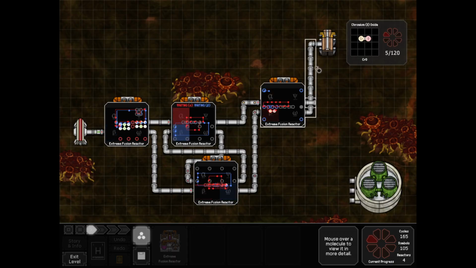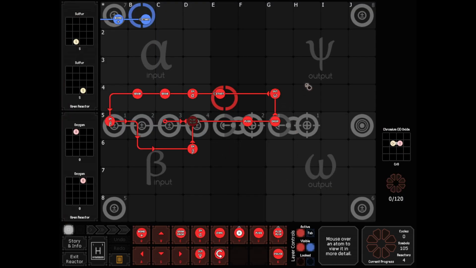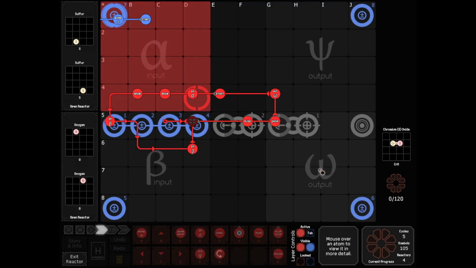So the way the inputs work out, if you just fuse all of this stuff into these atoms that represent half of each input, then you will ultimately get twice as many oxygens as sulfurs, and that is what many final reactors use, inputting one sulfur, two oxygens, and then just creating chromium oxide out of that in some way.